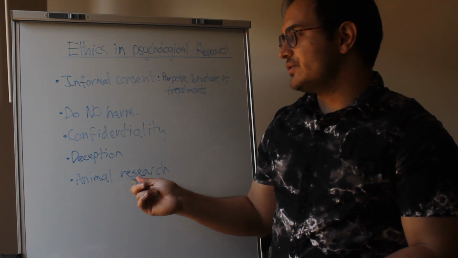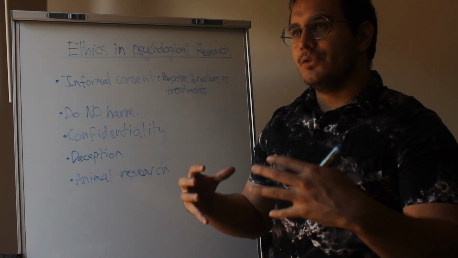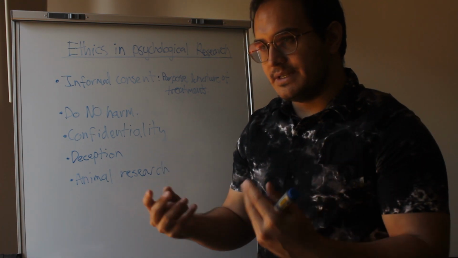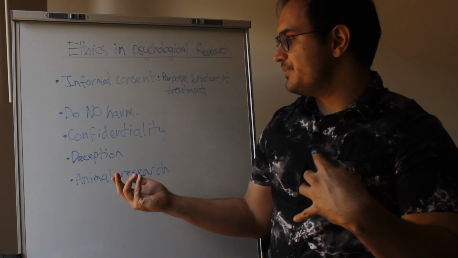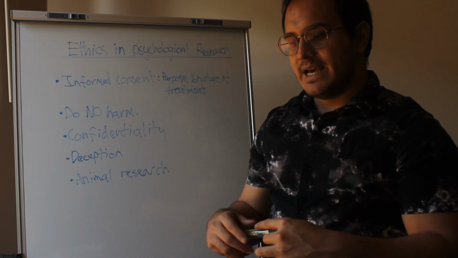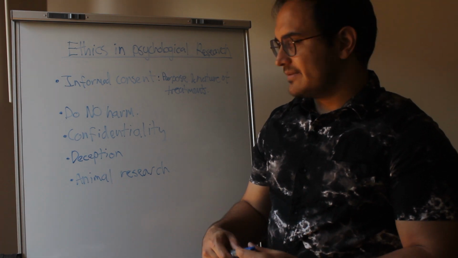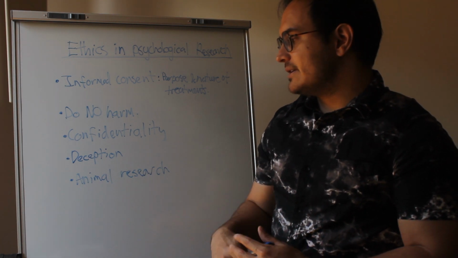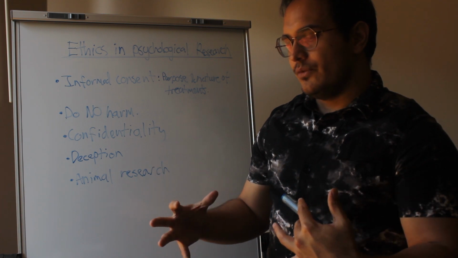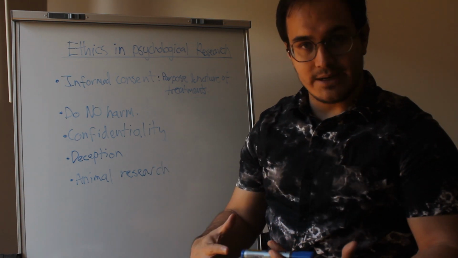Animal research too, you need approval as well to conduct experiments and research on animals, especially if it's going to harm the animals, even rats and stuff like that. I think the idea is you need to prove the benefit to humanity.